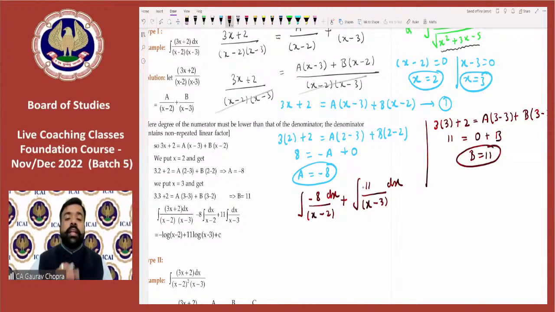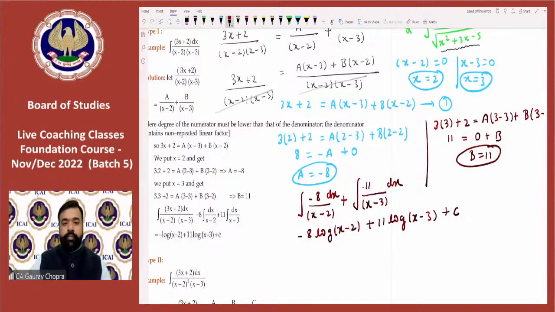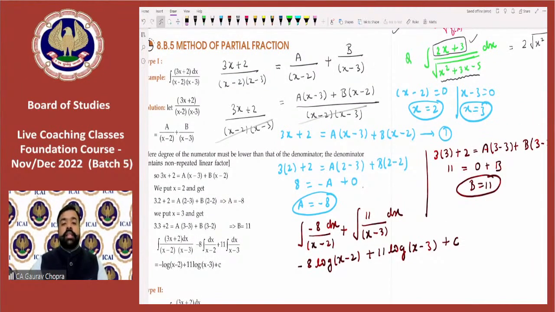So till here what we had done, we had calculated the numerator by the partial fraction method. Now we can easily integrate them and get the result. So minus 8 log of x minus 2 plus 11 multiplied by log of x minus 3, and then plus c. So this is the complete method of partial fraction.